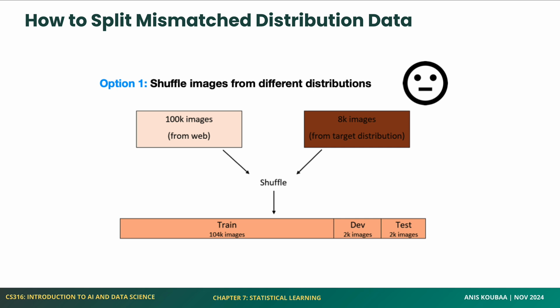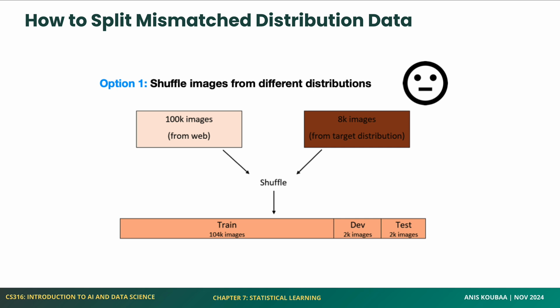Now, imagine that you want to train a computer vision algorithm or network, and you have collected 100,000 images from the web, and this is what you usually do. And you have only 8,000 images that you collected from your target distribution. For example, in one of our projects, we wanted to make a model that will provide classification of the vehicle type or the vehicle brand.